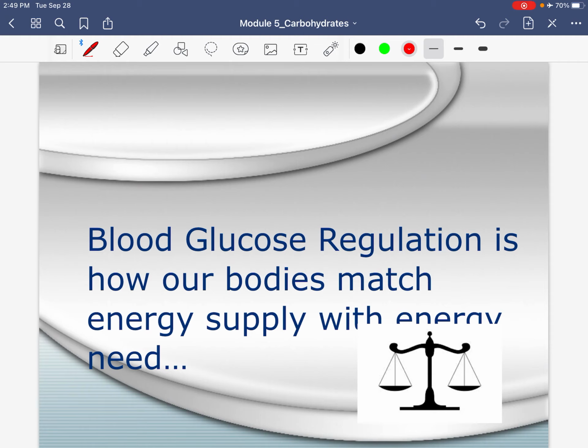Certain hormones were released that caused X or Y or Z. So even if you're not outwardly moving, the levels of glucose in the blood are always changing because your organs don't stop, right? Even if you aren't exercising, your organs are still working. So we always have to have glucose, and the amount that we need is always changing. So therefore, how we regulate that blood glucose is very important.